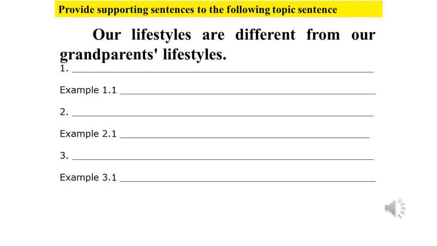Let's start with number 1. Our communication is much faster and efficient. This is the difference between the two lifestyles, between us and our grandparents. Example to illustrate this difference, we can use the internet, mobile phones, and satellite technology.